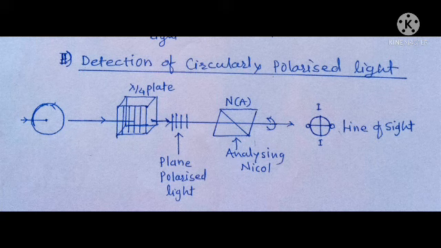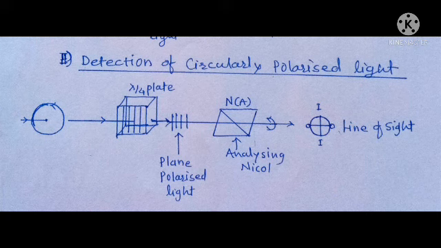Now see the explanation. The circularly polarized light has two components, extraordinary and ordinary ray, which differ in phase by 90 degrees. When this light passes through the lambda by 4 quarter wave plate, an additional phase difference of 90 degrees is introduced.